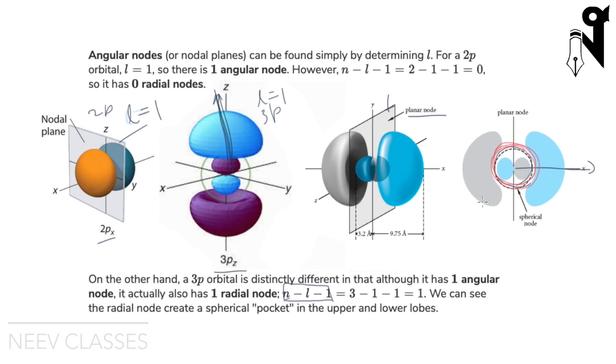So your angular nodes are generally planes except for the conical ones, and your radial nodes are spherical surfaces. They have written it as a spherical node, and this one is your planar node. That's your angular. So that's it, guys.